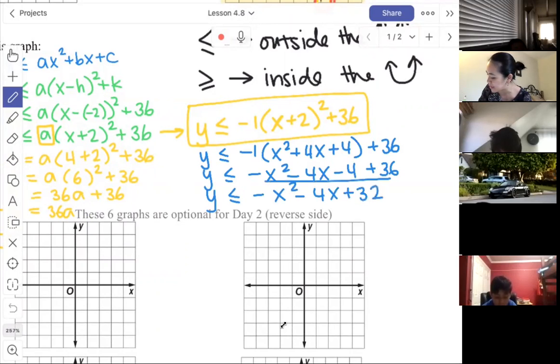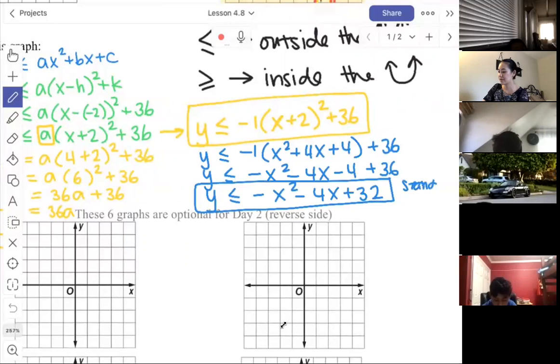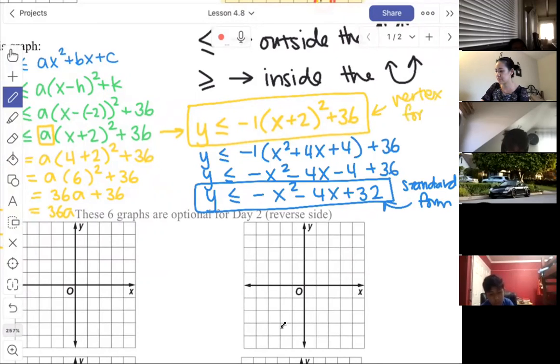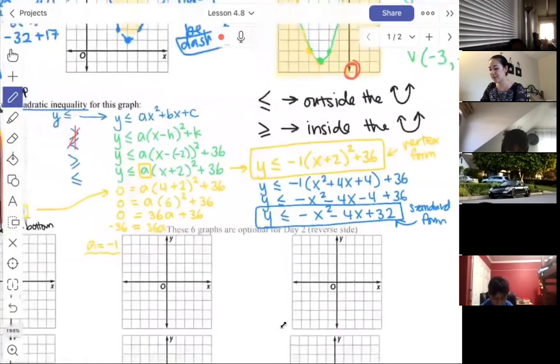And that would be it in standard form. So this is standard form, and this one is vertex form. Questions on that one?